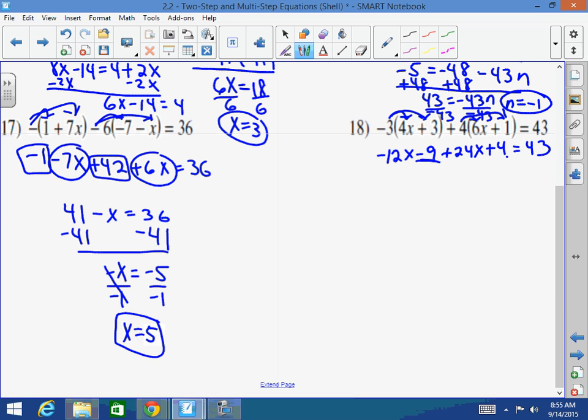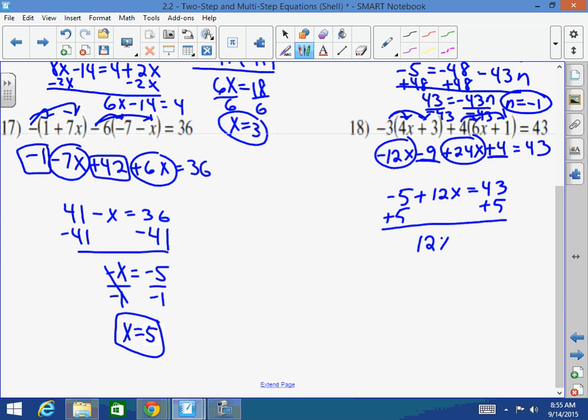You combine the -9 and the 4, which gives me -5, and the -12x and 24x, giving me 12x, equals 43. You add the 5. Absolutely. Yes. 12x equals 48. Awesome. And then you divide by 12. Absolutely, brother. And that equals 4.